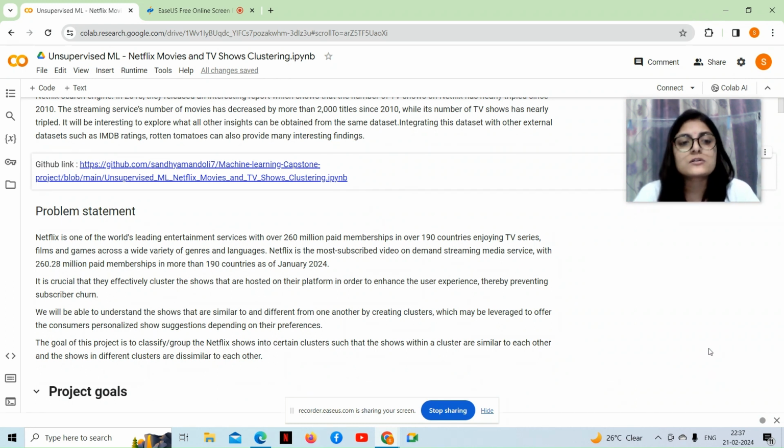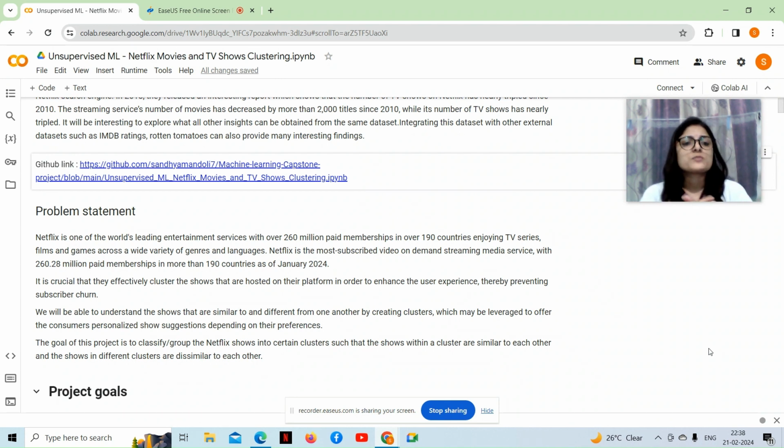So, it is crucial that they effectively cluster the shows that are hosted on their platform in order to enhance the user experience, thereby preventing subscriber churn. So, what we will do in this project, we will be able to understand the shows that are similar to and different from one another by creating clusters, which may be leveraged to offer the consumers personalized show suggestions depending on their preferences.